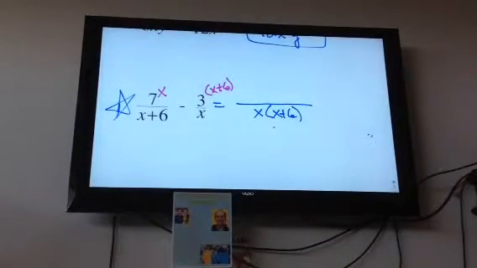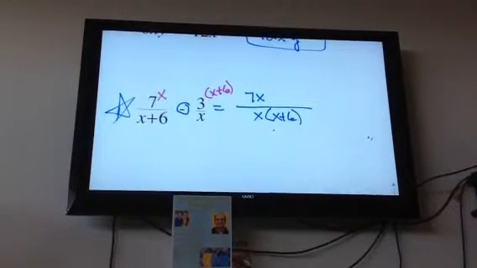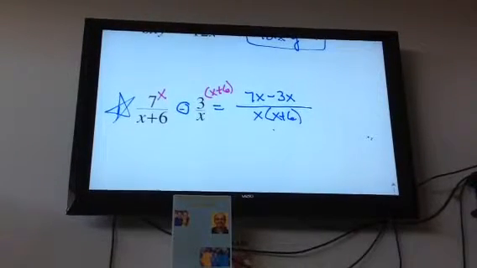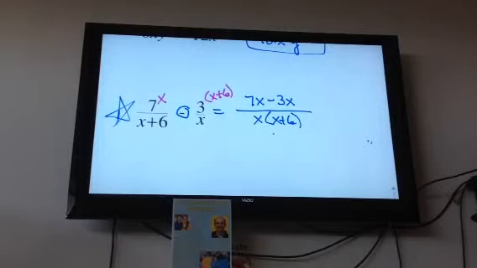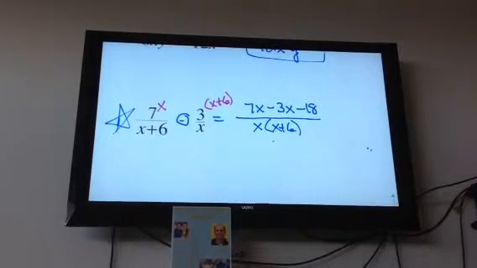7 times x is 7x. Watch your minus here. Distribute that with your 3. Minus 3 times x, minus 3x, and minus 3 times positive 6, minus 18. Okay, so that's my unlike denominator part.